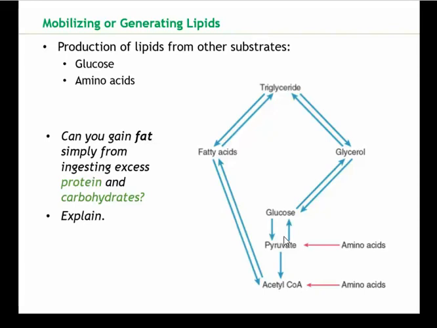So fat storage comes from when we consume too much protein, carbs, or fat that the body doesn't actually use. So if I'm supposed to eat X amount of calories a day and I consume more than that on a daily basis, then that extra energy has to be stored somewhere, and it's going to be stored as fat. That's how that works, and you'll learn more about that in nutrition as well.